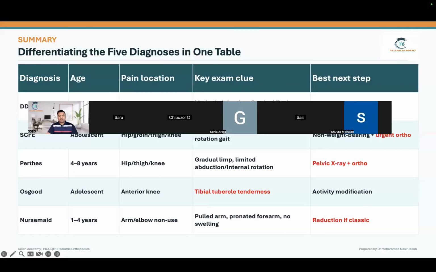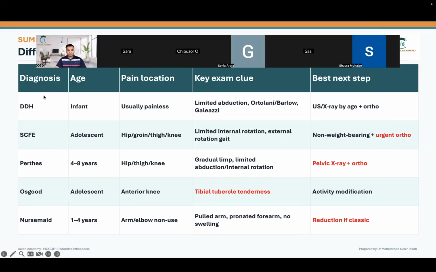So, differentiating the 5 diagnoses in one table. Okay, DDH, infant. Pain location: usually it is painless, so you won't notice it. The baby is not going to give you a very hard time or cry a lot about it.